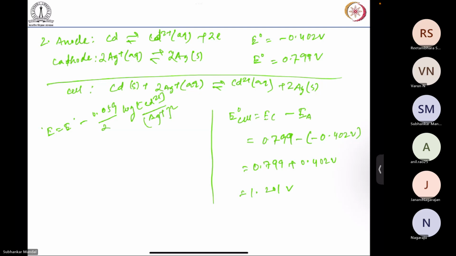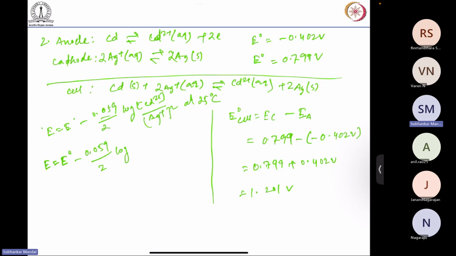This is at 25 degrees Celsius, because I have written here 0.059. So E is equal to E naught minus 0.059 by 2 log of.